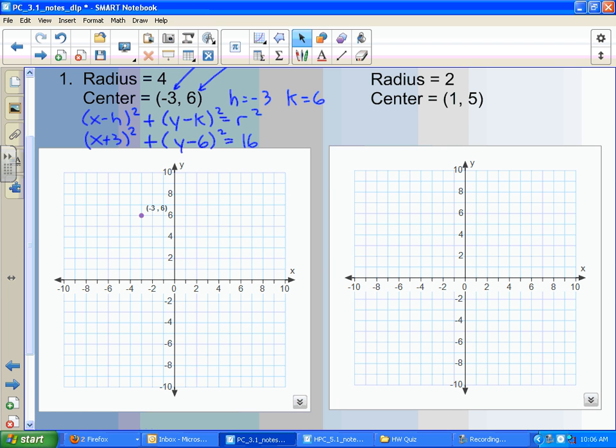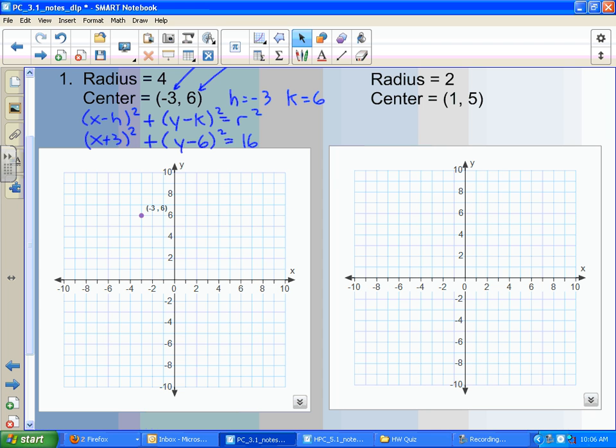Now from that point, if we had a circle template or a compass, you work with those in geometry, those things that open like this. I could put the pointy part of the compass right there and extend the pencil part out 4 units, because that's what my radius is.